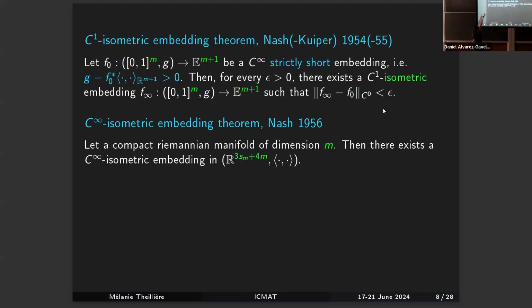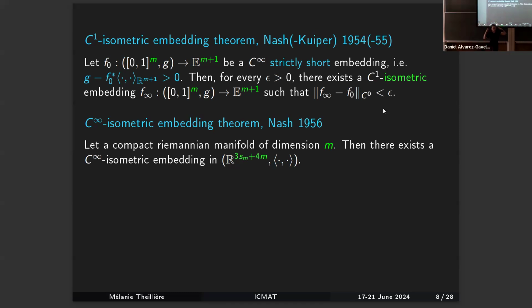The first theorem is the following, for C1 regularity. We consider at the beginning an initial map which is strictly short, where all the lengths are too short. If all the lengths are too short, then we can increase them until we have an isometric embedding, which is only C1, alas, but in low codimension. Nash says codimension 2, and Kuiper improved it to codimension 1 a year after.